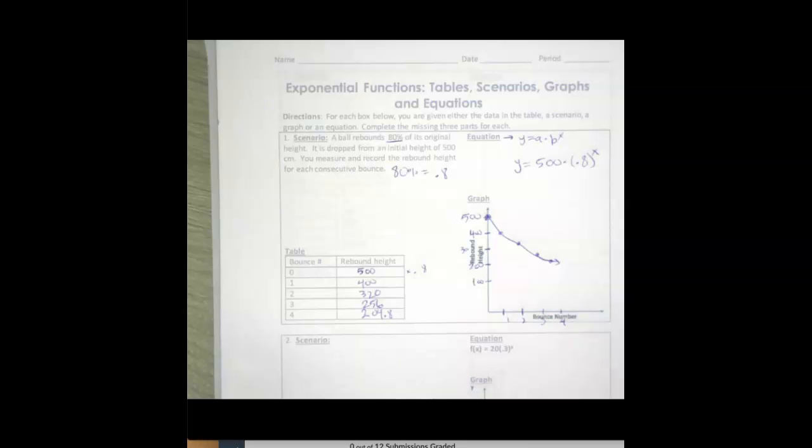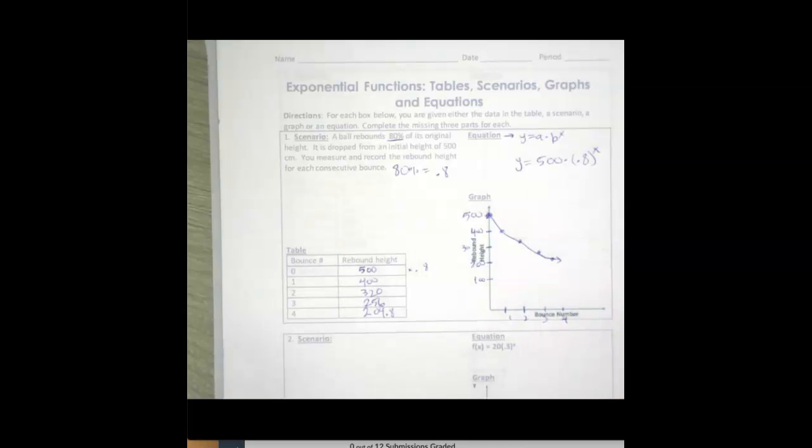Again, you have a scenario, and then we use the scenario to fill in the table, the graph, and the equation. This one gives me the equation. Guys, remember, in these equations, the initial value is here. The initial value is 20.